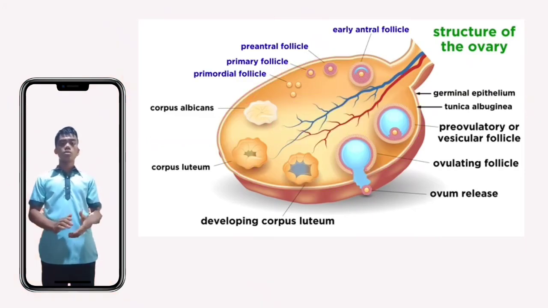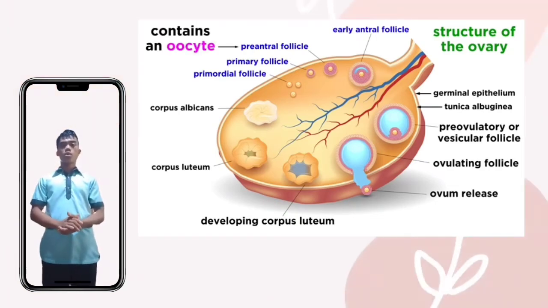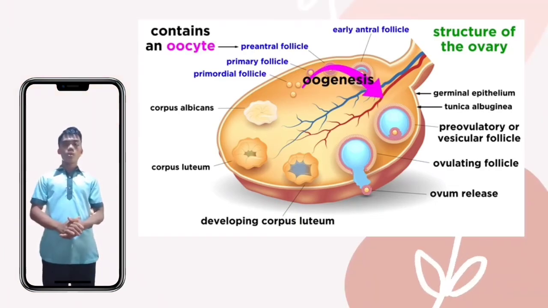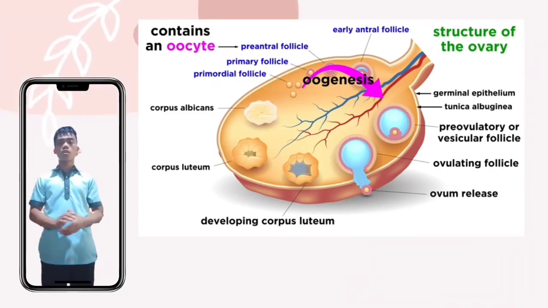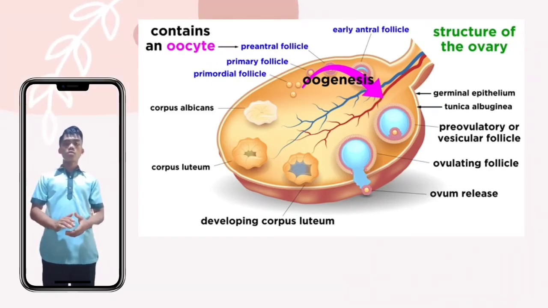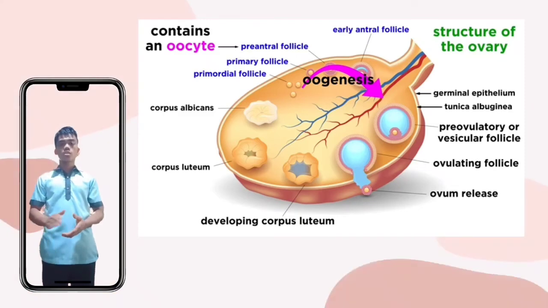In the cortex, we see sacs called follicles, each of which houses an immature egg called an oocyte. The production of matured egg cells is called oogenesis.